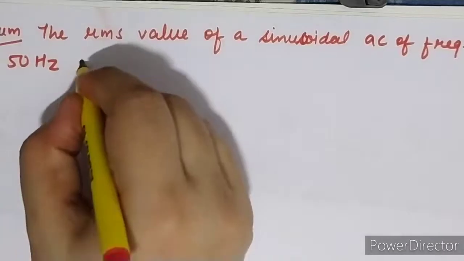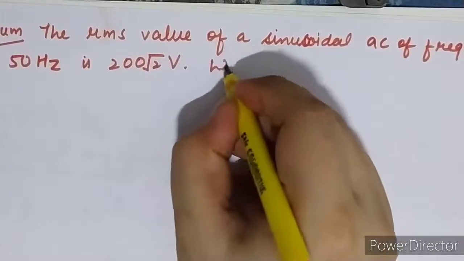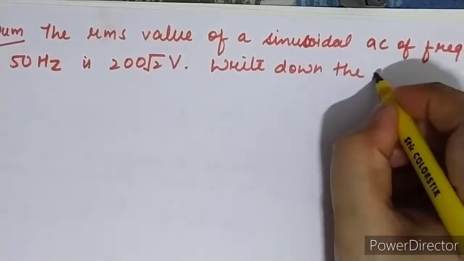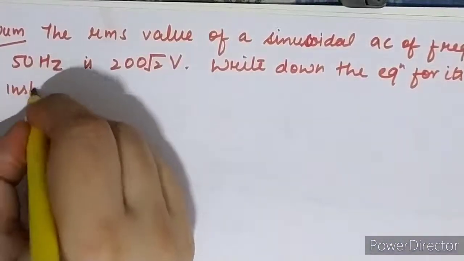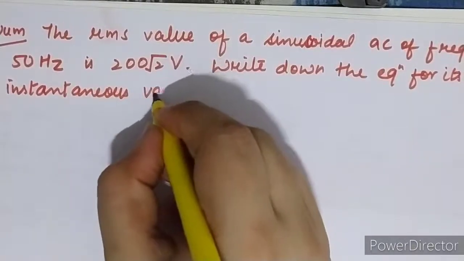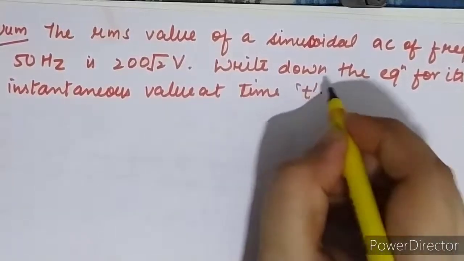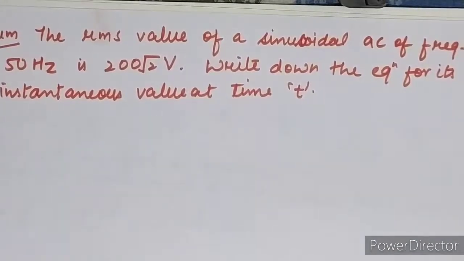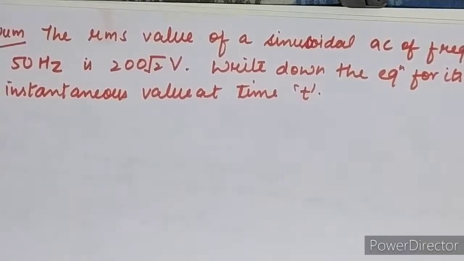The RMS value is 200 under root 2 V. Write down the equation for its instantaneous value at time t. Okay, clear? This is your question and you have to find the instantaneous value at time t.